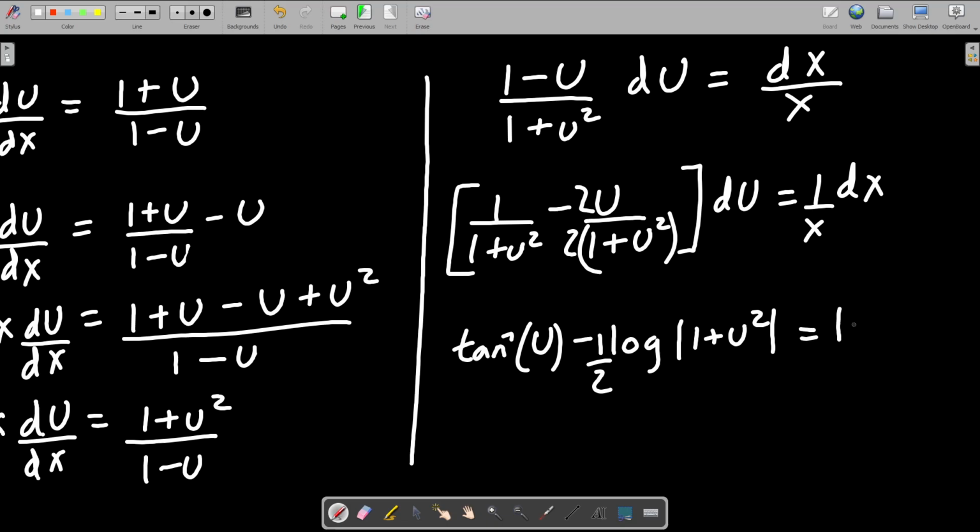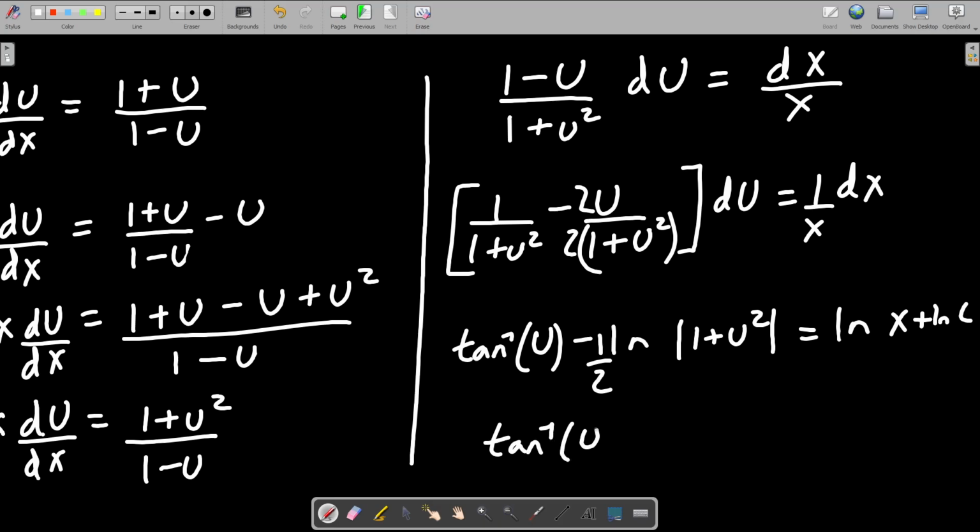And this is ln of x plus ln of c, the constant. So the answer here will become tan inverse of u.